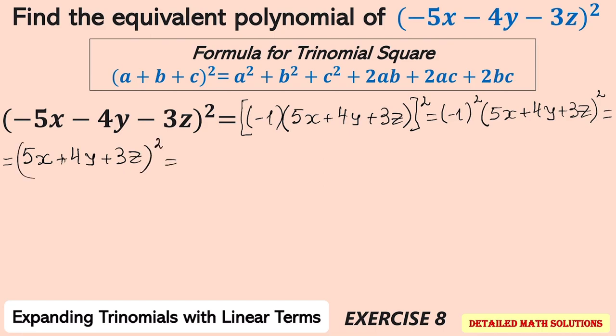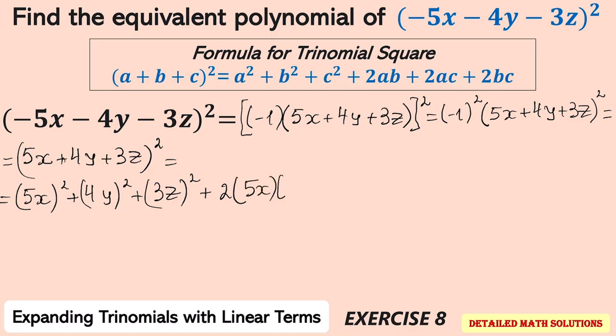And when I apply the formula for trinomial square, I get 5x squared plus 4y squared plus 3z squared plus 2 times 5x multiplied by 4y plus 2 times 5x multiplied by 3z plus 2 times 4y multiplied by 3z.